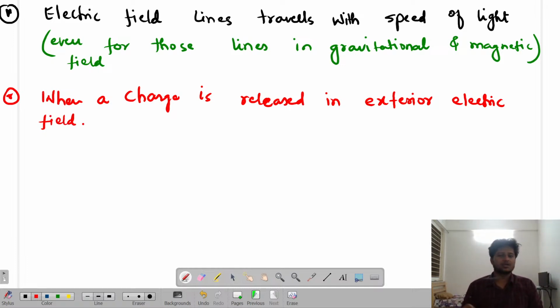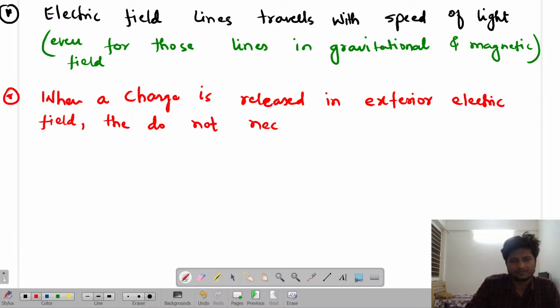But actually, whenever a charge is released in an exterior field, it does not necessarily follow the electric field lines.